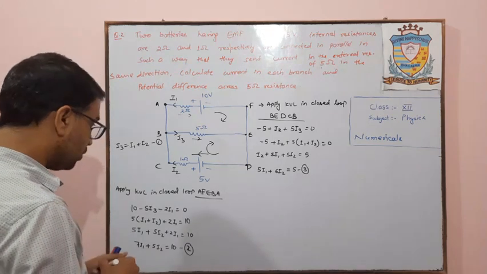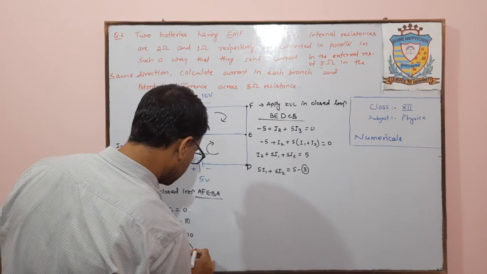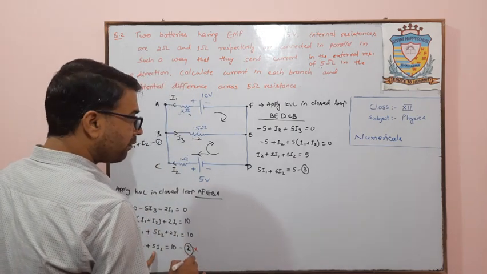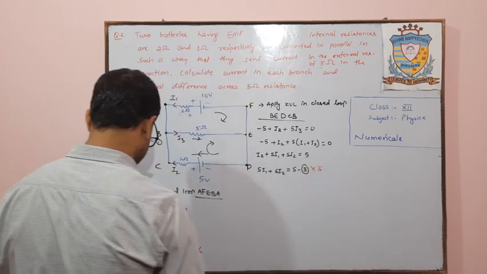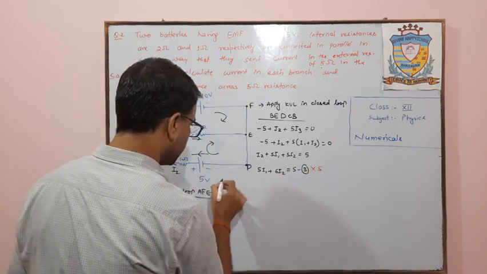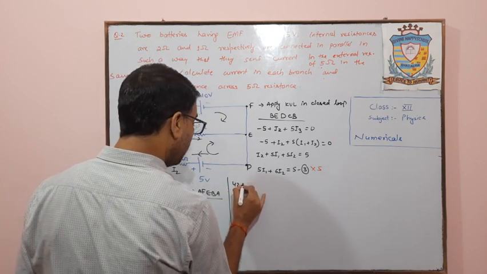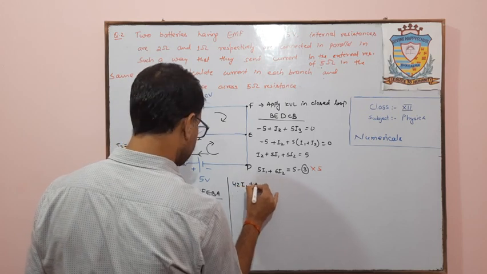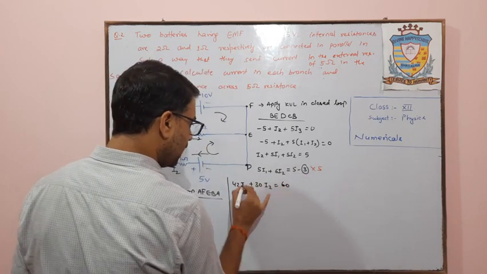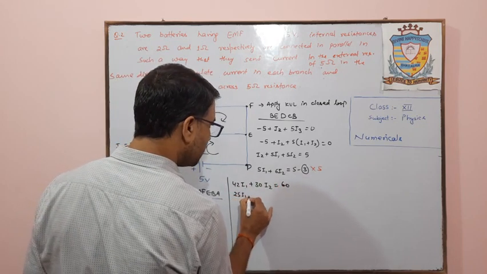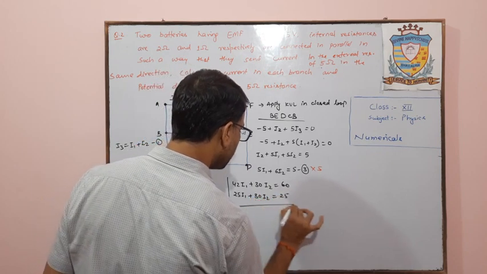Now to solve it, we'll multiply equation 2 by 6 and equation 3 by 5. Here it becomes 7 times 6 is 42 I1 plus 30 I2 is equal to 60, and 5 times 5 is 25 I1 plus 30 I2 is equal to 25.